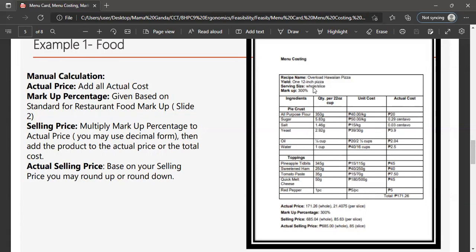It is important for you to have the yield and serving size in order to know how many servings, or how much, you are going to prepare, or the composition of your menu, so how many people it will cover. For this one, the yield is a 12-inch pizza, and the serving size can be whole or served as slices. They use 300% markup.